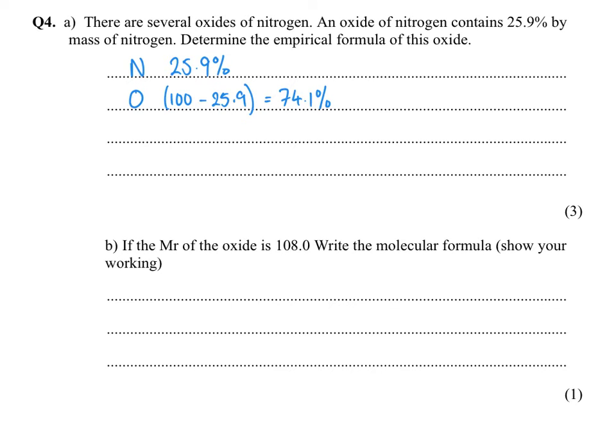So we've now got to work through the empirical formula. So I want to divide those masses by the relative atomic mass. And the same for oxygen. Now to convert those into whole numbers, divide them both by the smallest number.